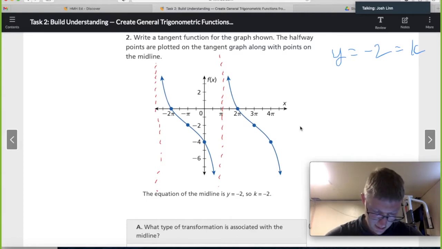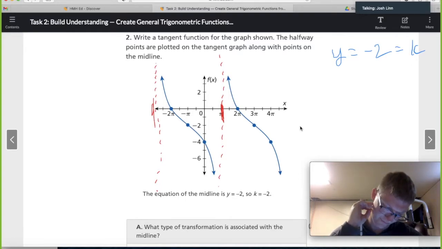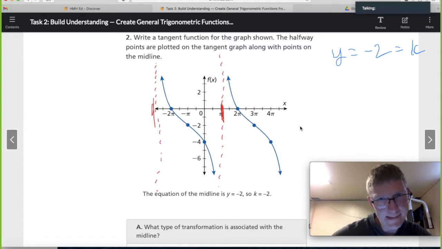So this asymptote looks like it's right at pi. And then this next one, let's see here, which direction do I want to go? This one over here that I drew would be at negative 3 pi? Yeah, I want to say negative 3 pi.